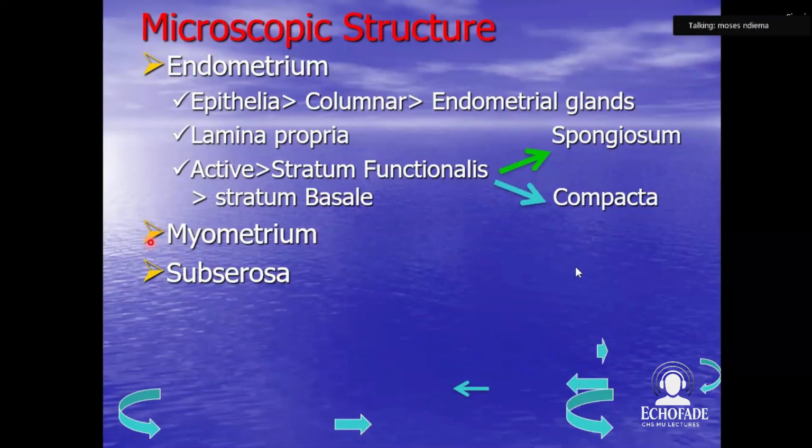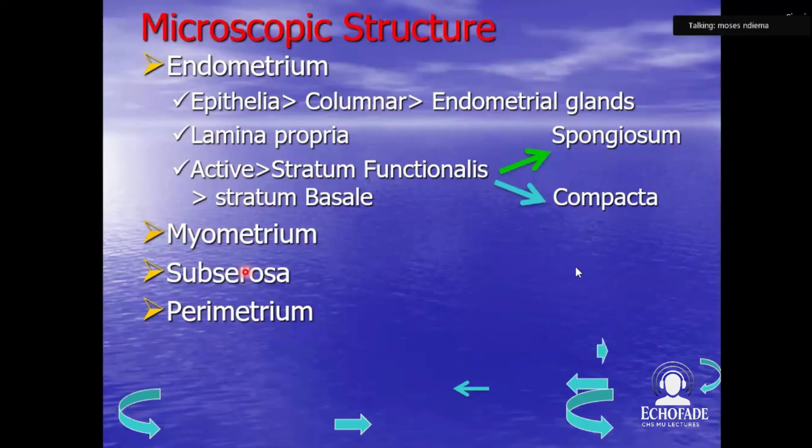And then we have a subserosa. We are using the word subserosa because the uterus is covered by a peritoneum, which is a serous membrane. The subserosa is made up of dense connective tissue containing blood vessels and also some elastic fibers and collagen fibers.